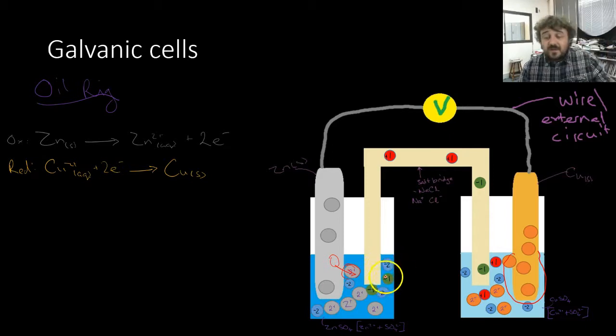Now, what this means is it needs to even out. So two of the chloride anions leave the salt bridge and go into the solution over here. So this is now zinc sulfate plus chloride ions. Over here, we've actually lost a copper ion.